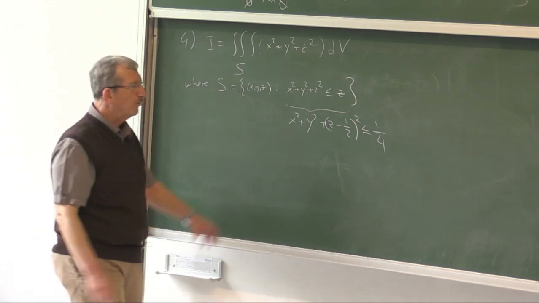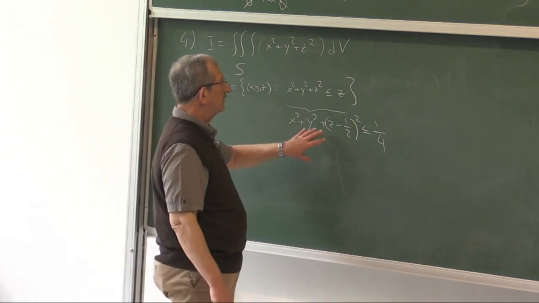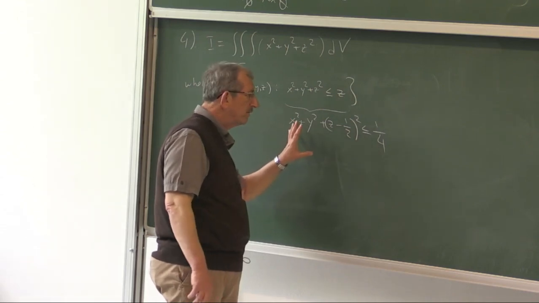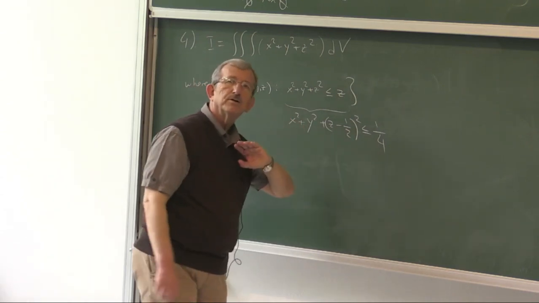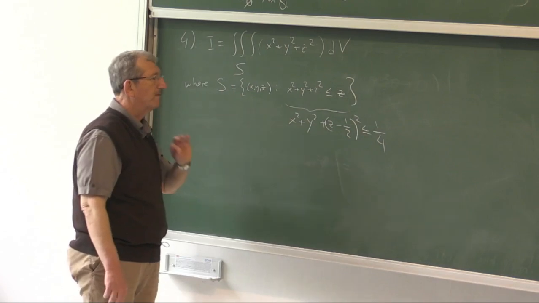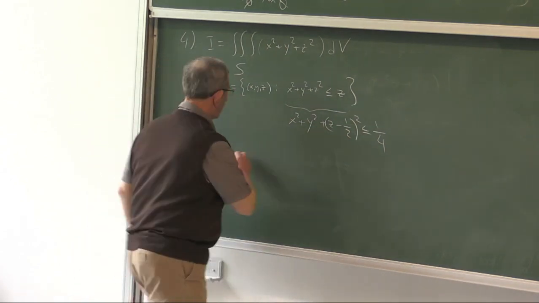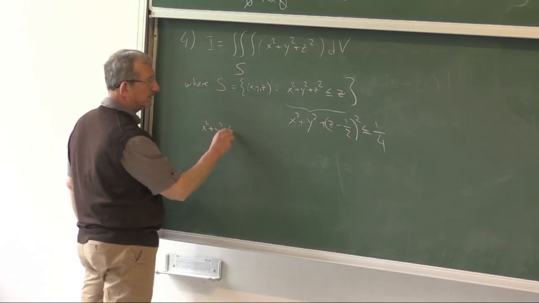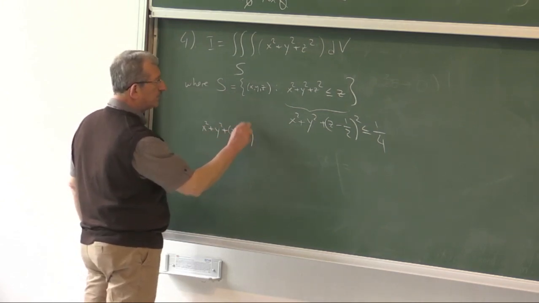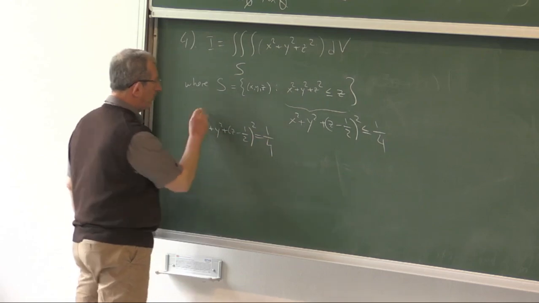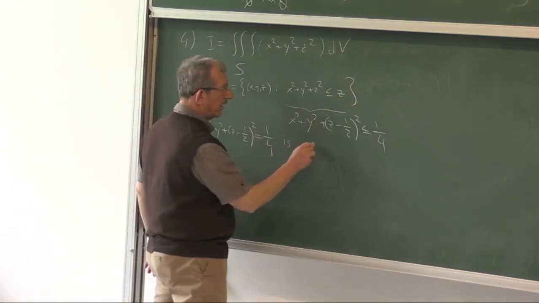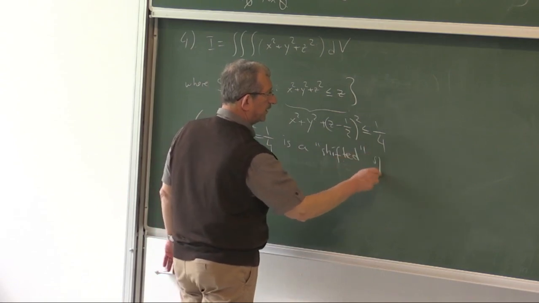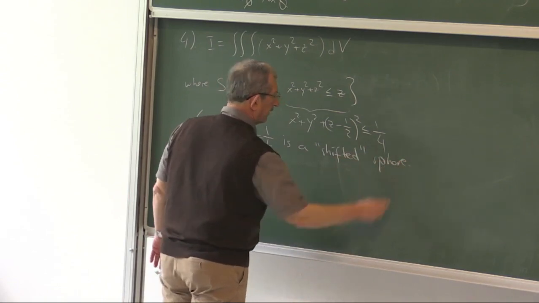If you work it out, you will see that this is a shifted sphere, and the radius should be less than 1/2 all the time. And so we observe that x squared plus y squared plus z minus 1/2 squared equal to 1 over 4 is a shifted sphere.